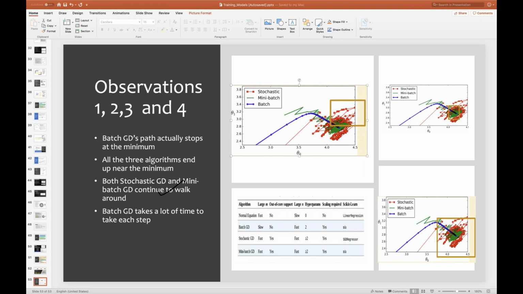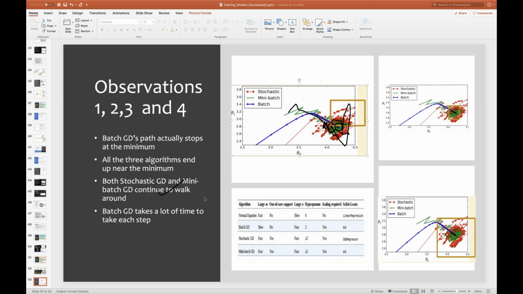What happens if I just stay here for quite long? What happens if I stay stubborn and do not want to move further? So the stochastic gradient descent, which is red, keeps on moving like this, and your mini batch gradient descent, which is in green, also keeps on moving, but batch gradient descent has stopped at this point.